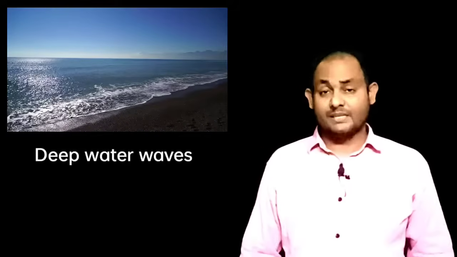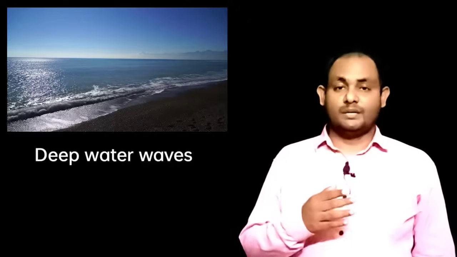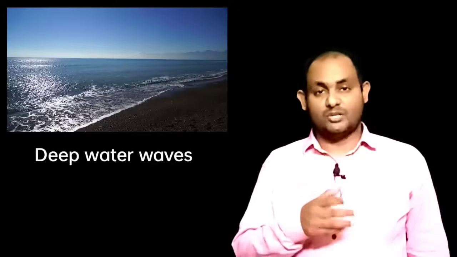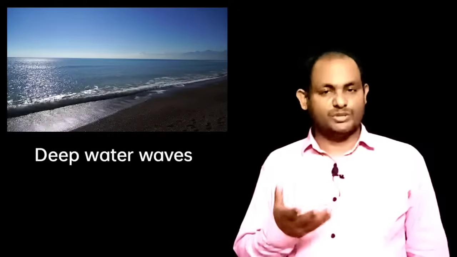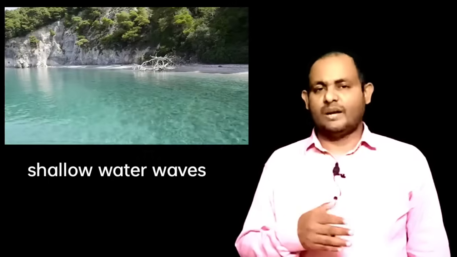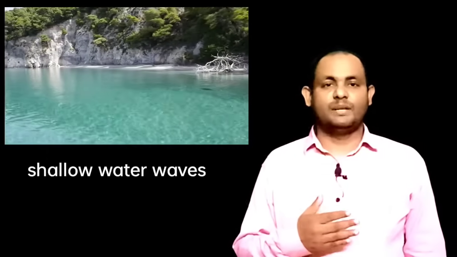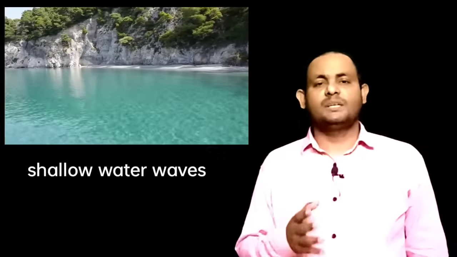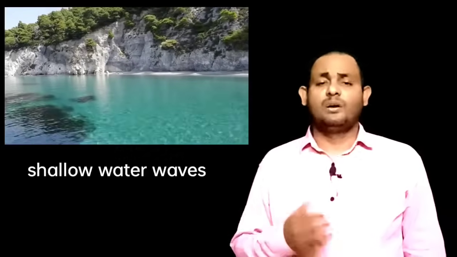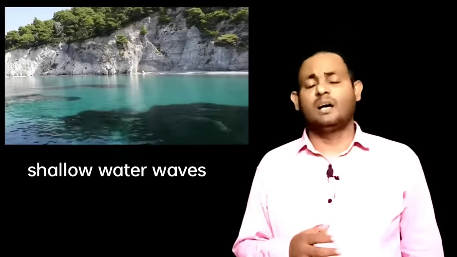Next, shallow water waves are very important. The sea waves traveling in the shallow water zone, where the depth of ocean water or wave base is less than 1/20th of the wavelength, are called shallow water waves or long waves. Thus, shallow water waves travel in the shallow near shore zone of the ocean and touch the bottom of the ocean.